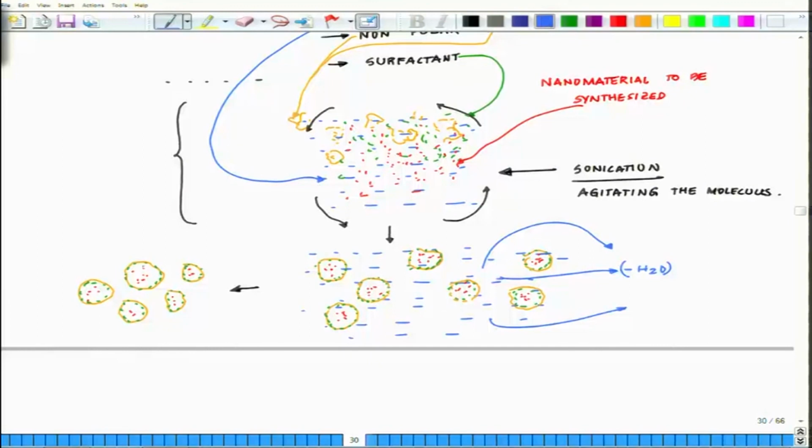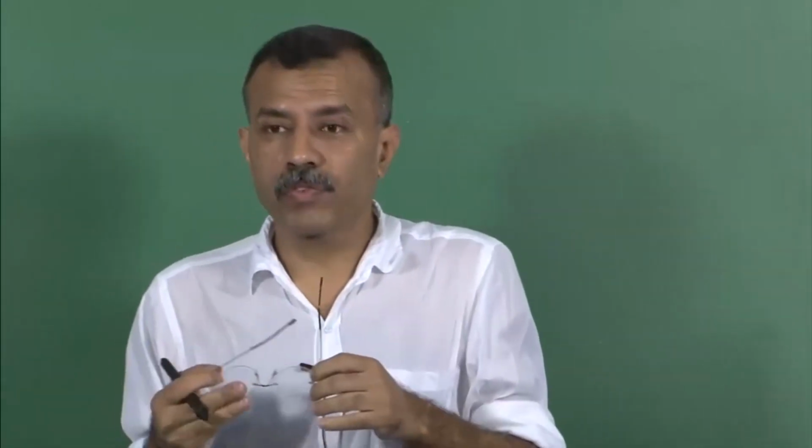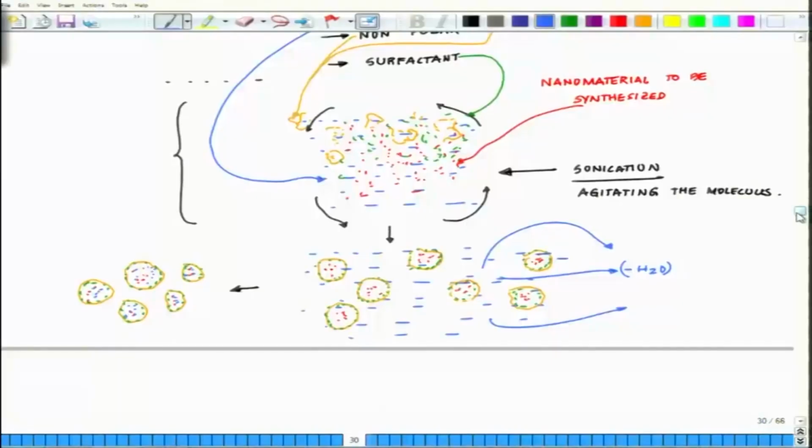And some of the polar moieties may get trapped or may not get trapped depending on what level of evaporation or lyophilization you are doing. So this is the second technique, which is a fairly low temperature technique mostly, and pretty commonly used and pretty popular among the people who work in the area.